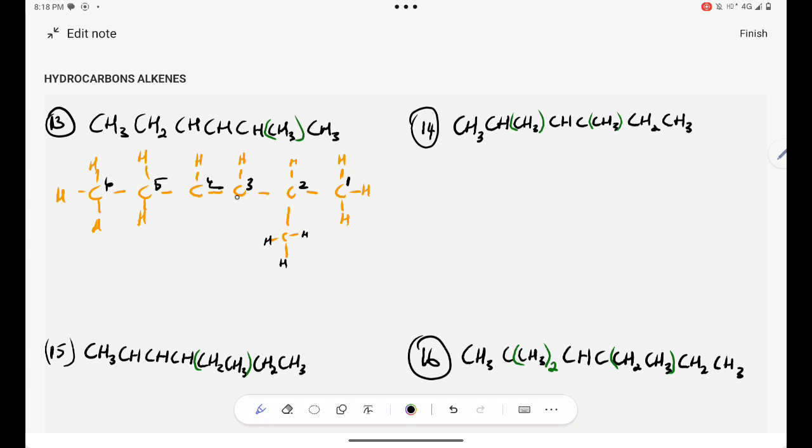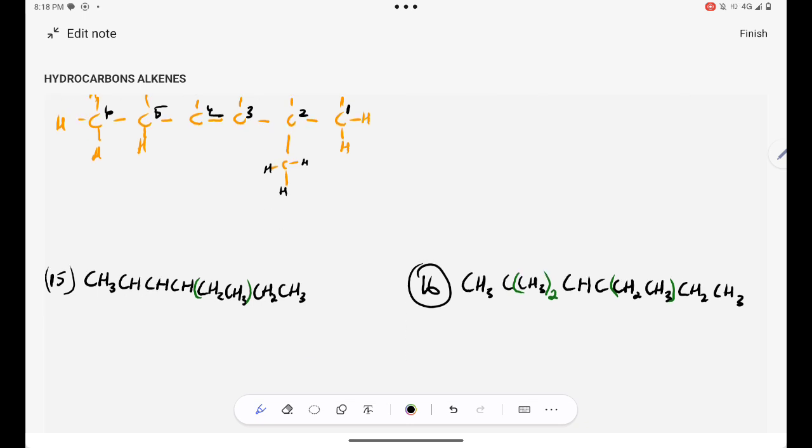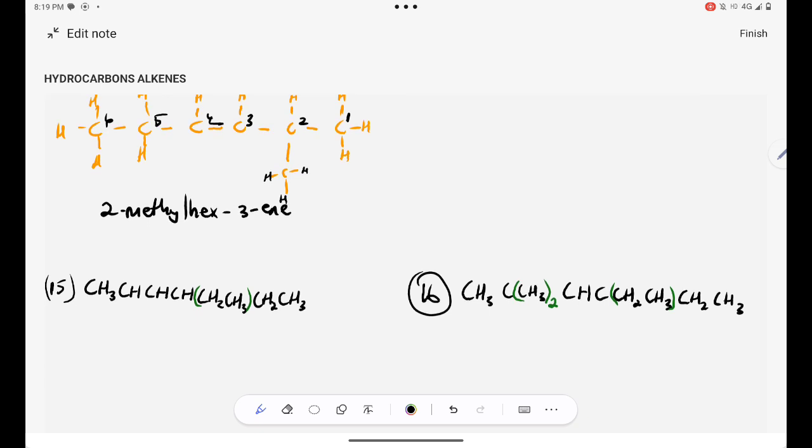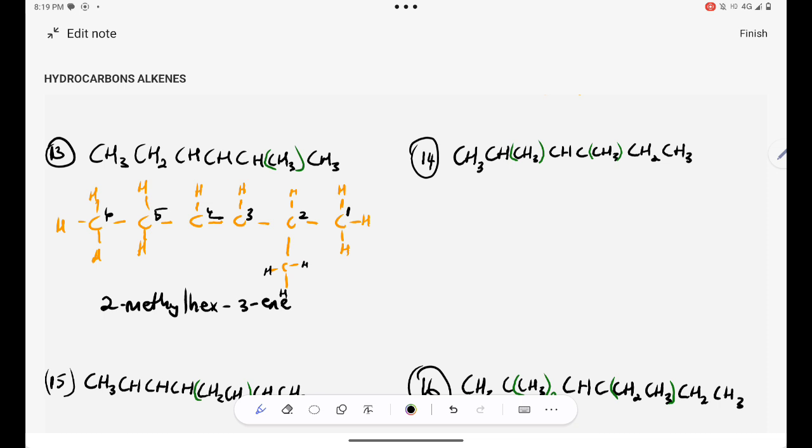So this will be 2-methyl and then hex-3-yne. 2-methylhex-3-yne.